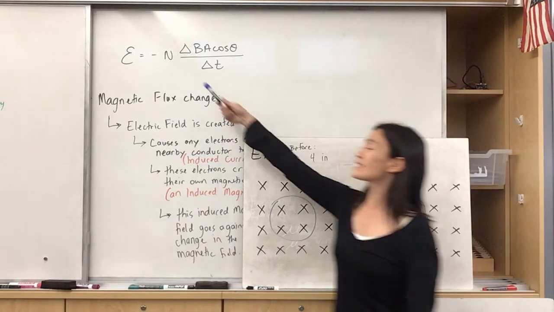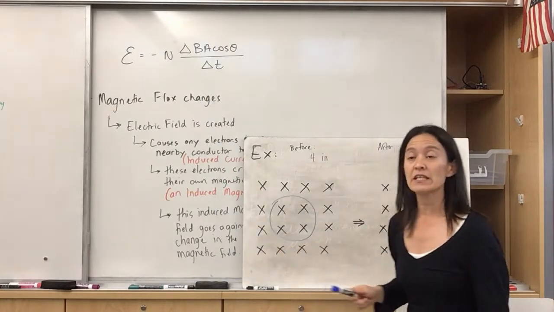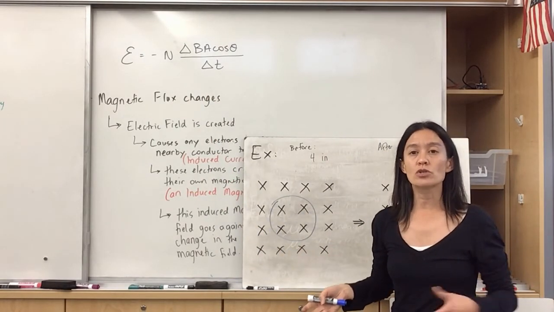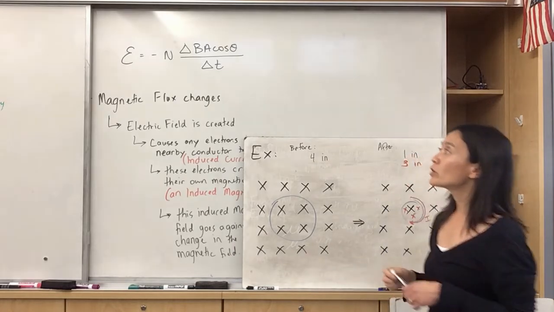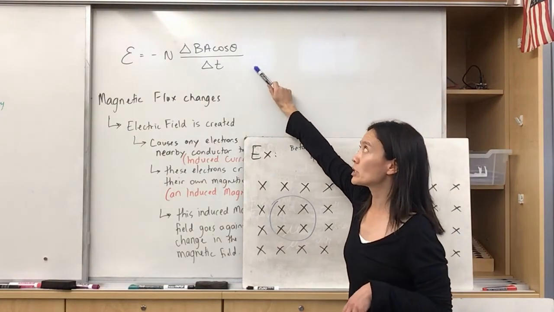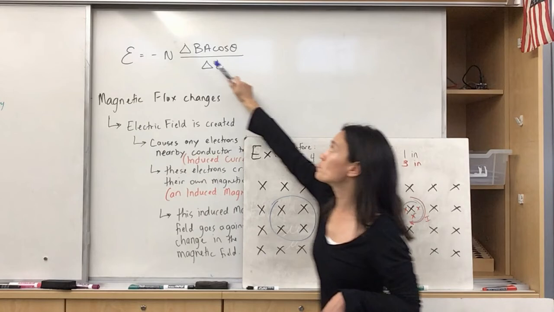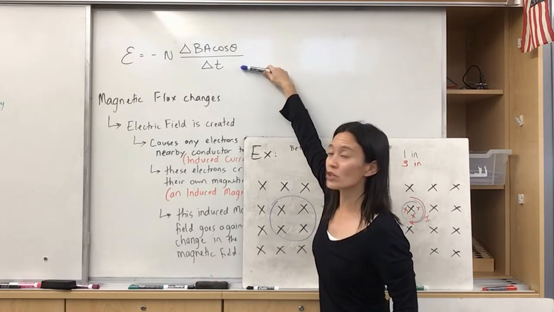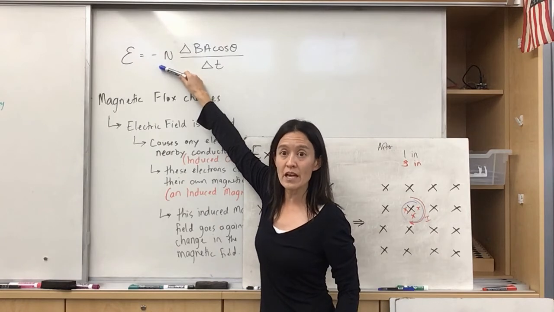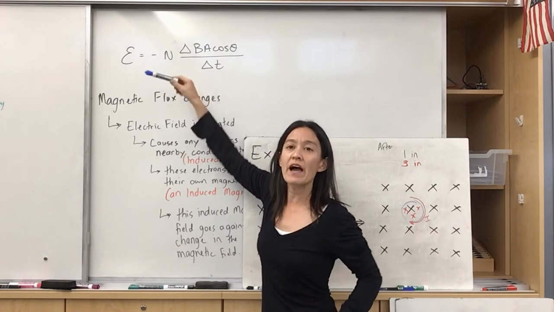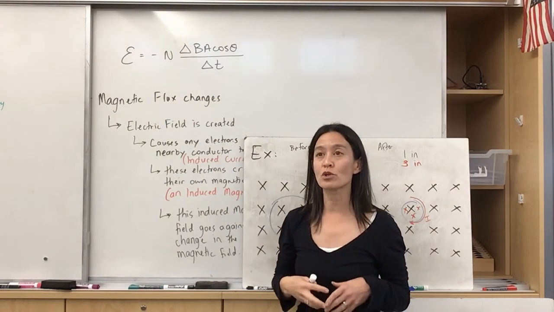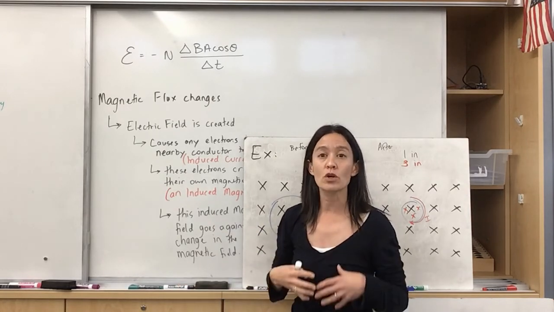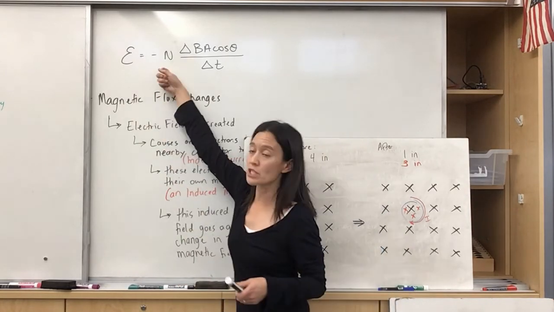So that is where this negative factor plays in terms of what direction your current is going to flow to oppose the change. You're going to see when you actually do the calculation, if this term, delta BA cosine theta over delta t, is negative, your final answer actually comes out to be positive, and that positive nature will tell you that your induced magnetic field is going to go with the original if this induced EMF is positive.